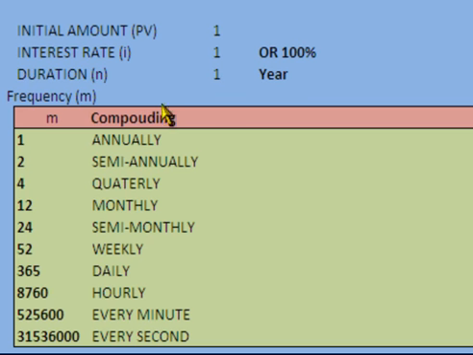If we want to know the future value of $1 at a compound interest rate of 100%, which is compounded annually, semi-annually, quarterly, monthly, semi-monthly, weekly, daily and so on, what would be the future value of $1 after 1 year? In that case we need to put the formula for each of these cases. So I've done this for you.